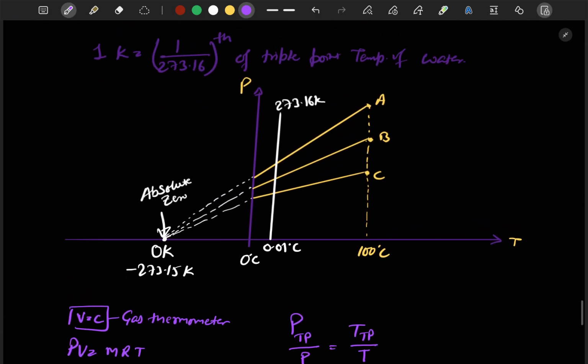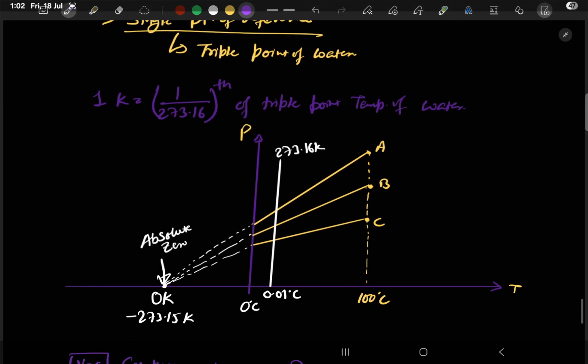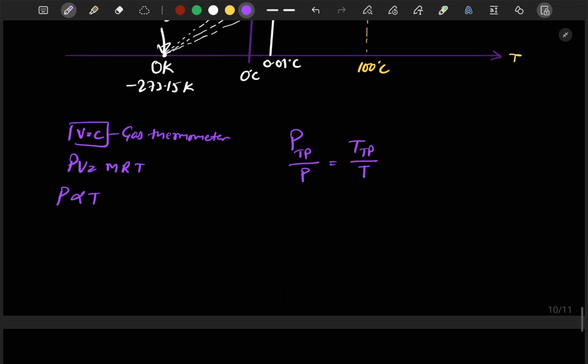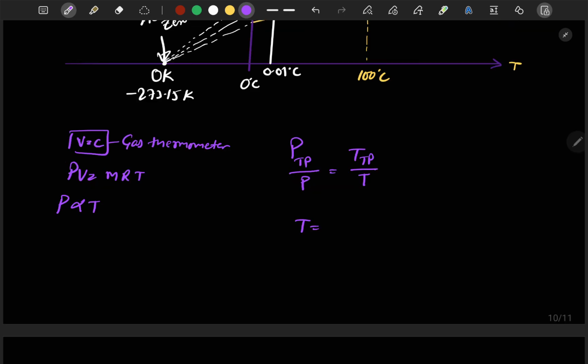So we can calculate our required temperature using this: the temperature will be 273.16, that is the triple point temperature of water, into the pressure at which we require the temperature upon the pressure at the triple point.